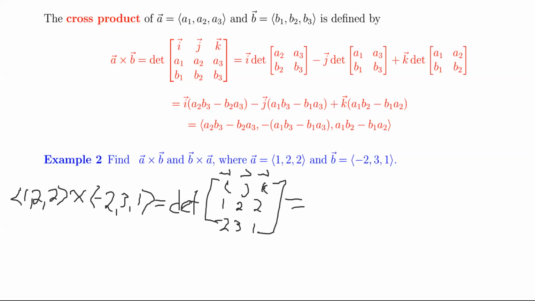Well, in the first coordinate, let's calculate A2, B3 minus B2, A3. So A2 is 2, B3 is 1. We subtract off B2, which is 3, times A3, which is 2.